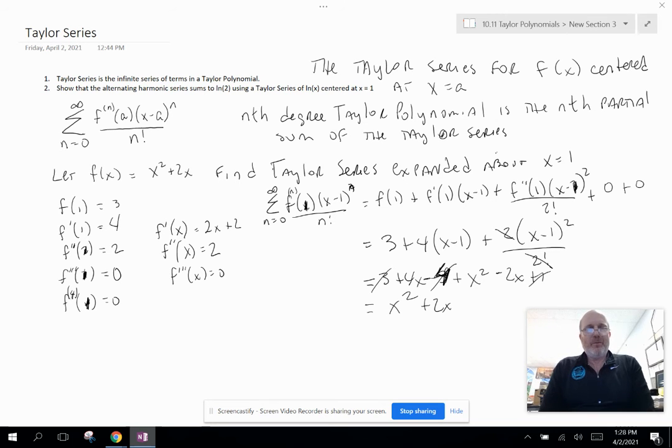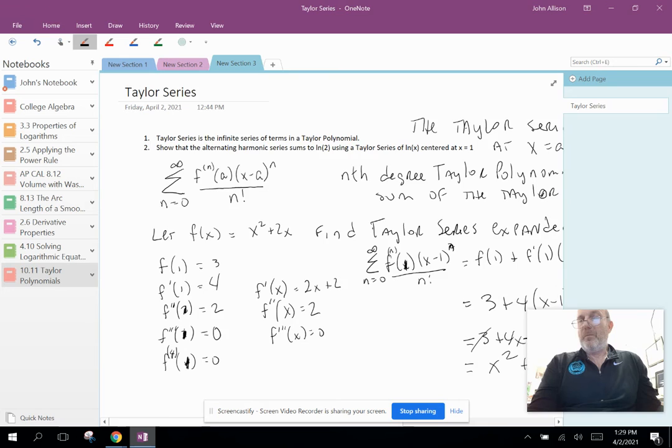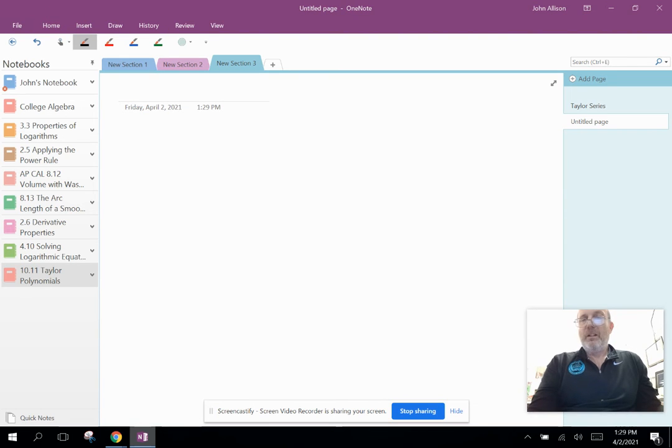This is even true when we have an infinite number of terms. So with an infinite number of derivatives for the function, we end up with an infinite series. That time we ended up with a finite series. So let's take a look at this example we were talking about.